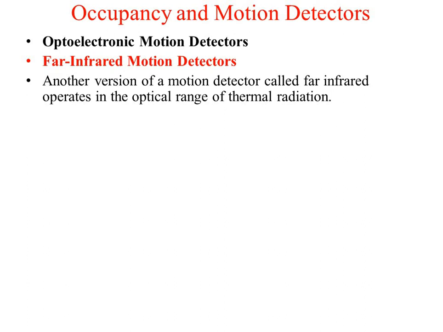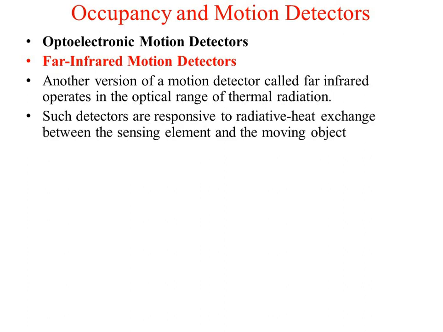That is the principle used by this far infrared type of detector. Such detectors are responsive to the radiative heat exchange between the sensing element and the moving object. Sensing element means your sensor, and moving object may be a human being or an animal, because it has body temperature. So every object has its own temperature.